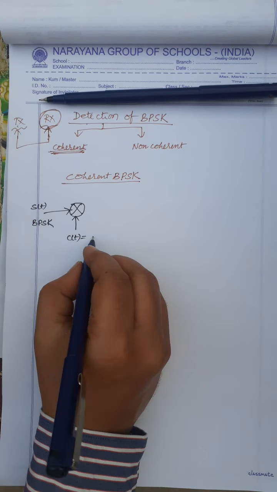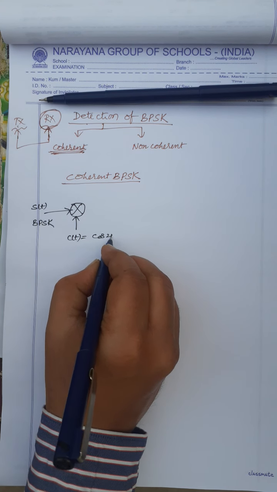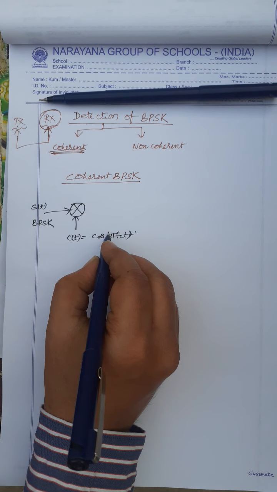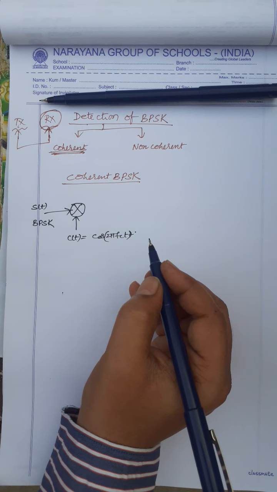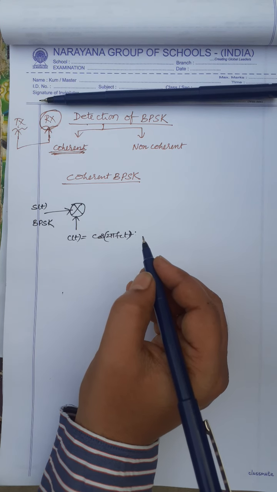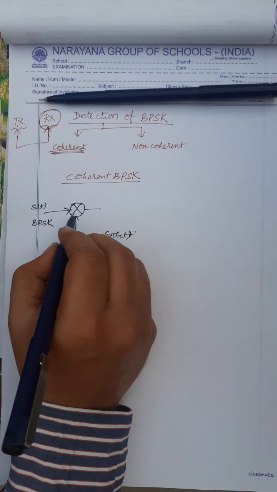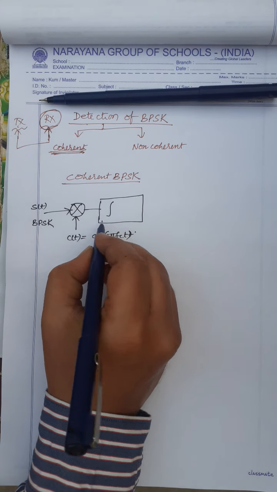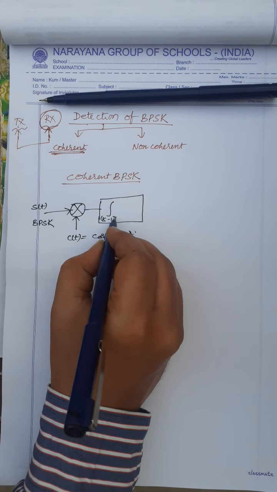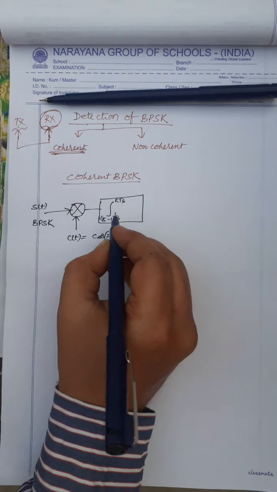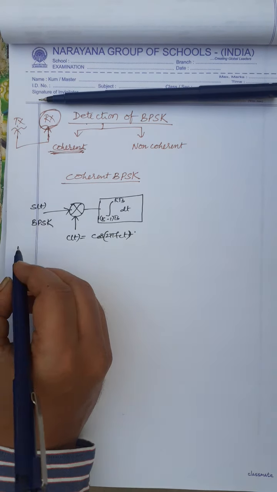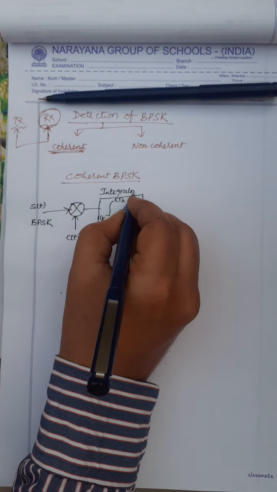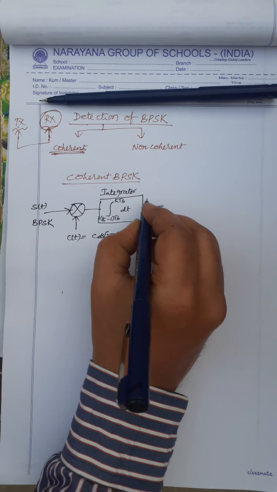Cos 2 pi fct. Then it is passing through an integrator, from (k minus 1) Tb to k Tb, dt. The output of the integrator, this is called the integrator, I am calling it S naught of t.